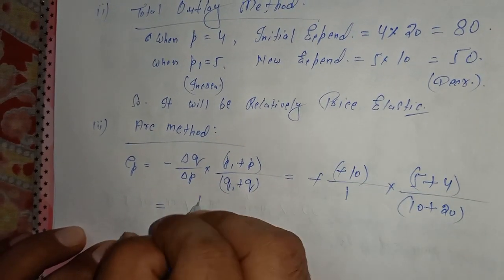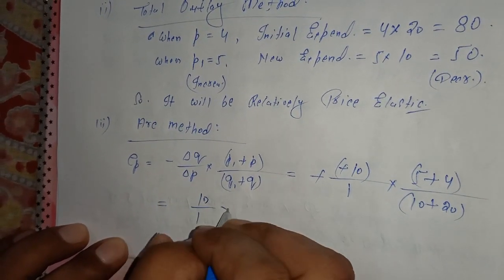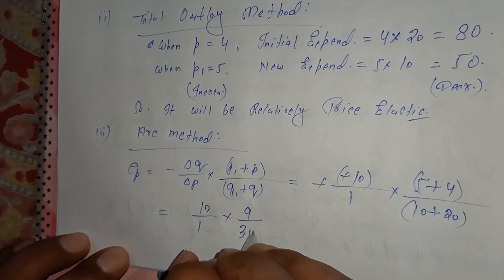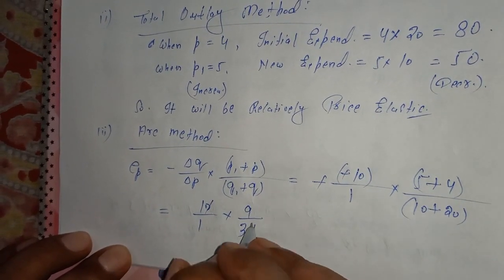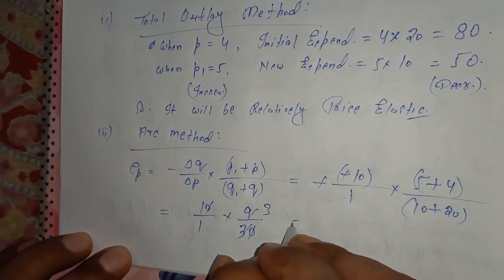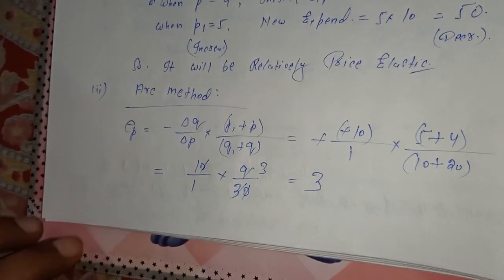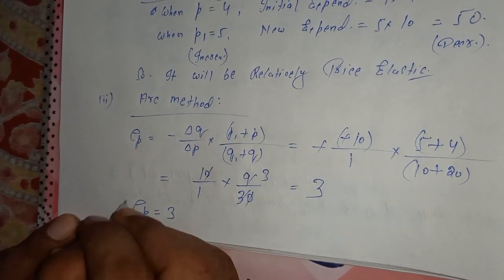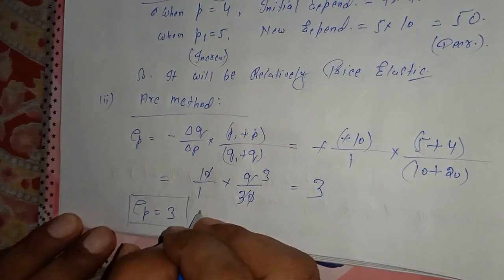Minus cancels, 10 upon 1 into 5 plus 4, 9, upon 10 plus 20, 30. Zeros cancel, 3 times, we have the value 3. So EP is equal to 3 with the help of the ARC method.